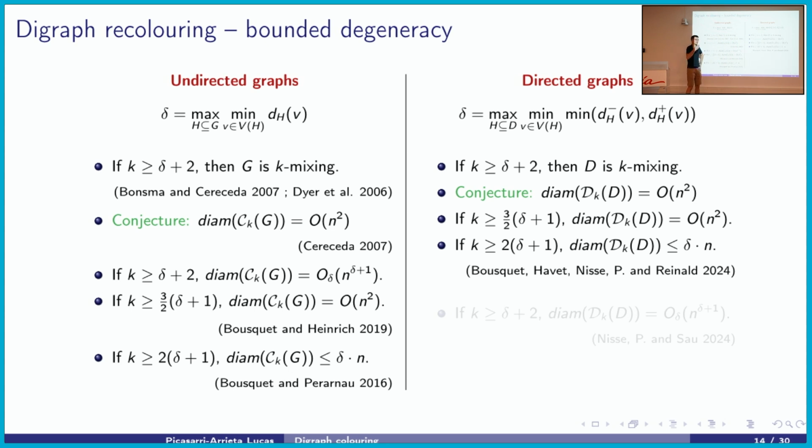And then we proved that if we increase the number of colors to 3/2 times the degeneracy plus 1, we indeed obtain a quadratic diameter. If we increase it to twice degeneracy plus 1, we obtain a linear diameter. So you see that we generalized everything but the general bound, the general polynomial bound in n. And this we managed to obtain later with Nicolas Nisse and Ignasi Sau in a second work.